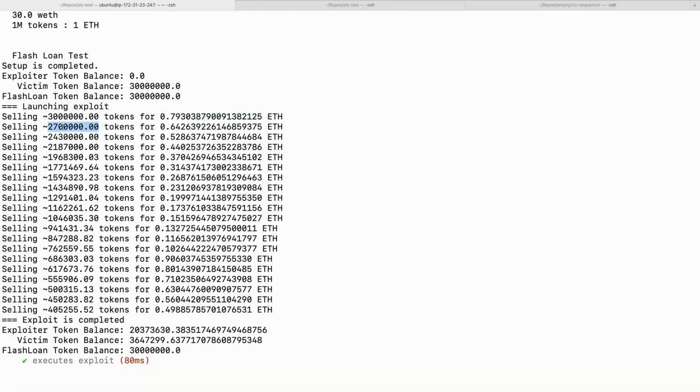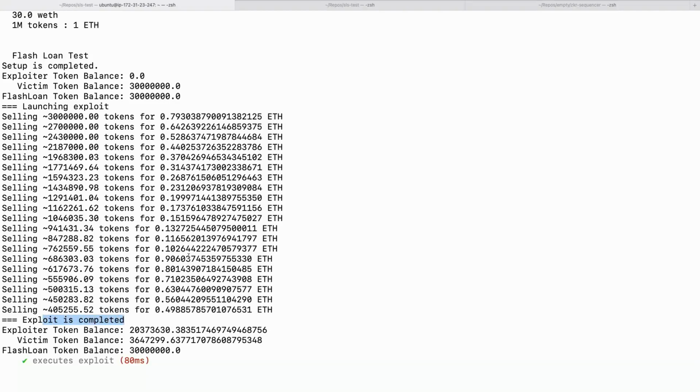In the next iteration, 2.7 million for 0.64. And you can see that in every single iteration, the amount that I'm purchasing is dropping because the pool is getting drained, and I'm purchasing it for less and less ETH because the price of those tokens on Uniswap is also being driven down.